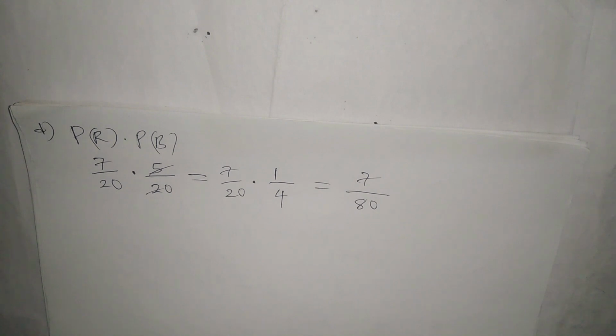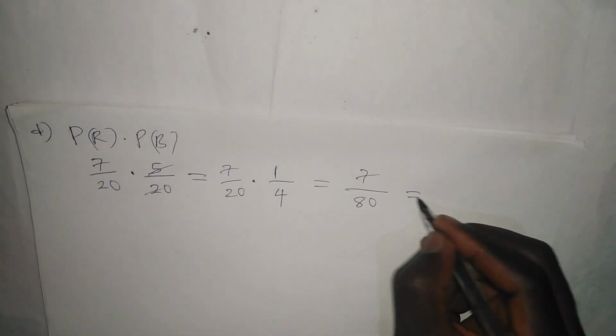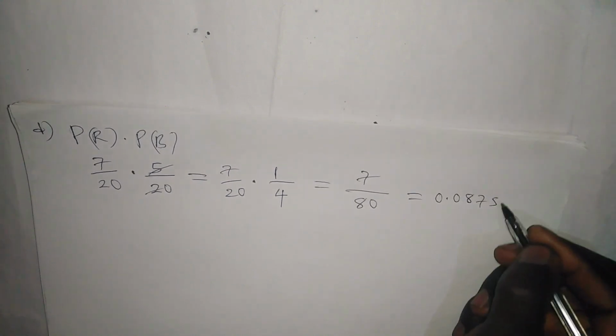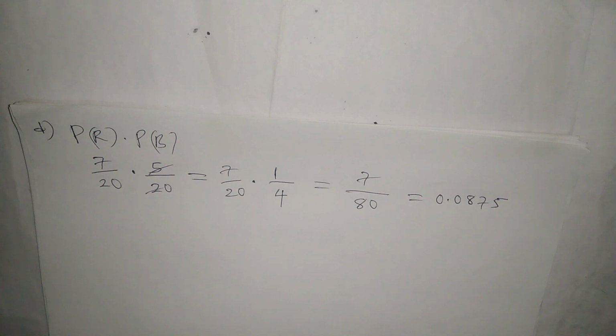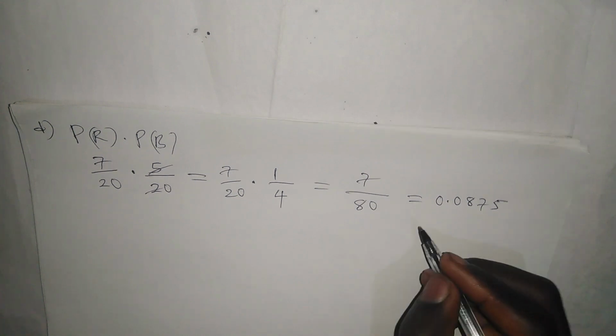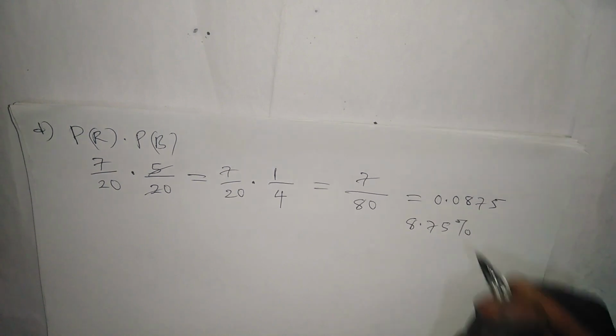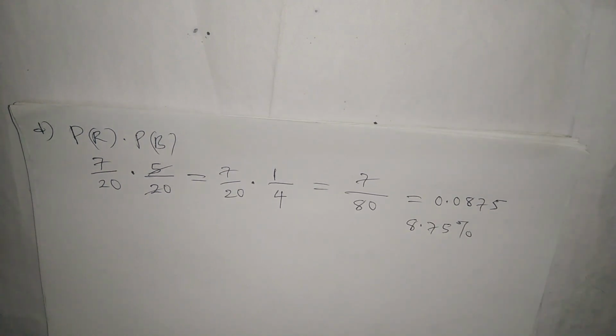Right? So 7 divided by 80, we have 0.0875. When you multiply this by 100, what you have is going to be 8.75%. So there's an 8.75% chance of selecting a red then blue marble with replacement.